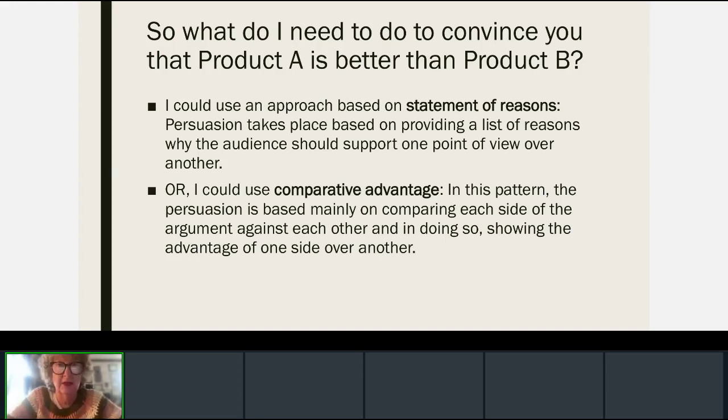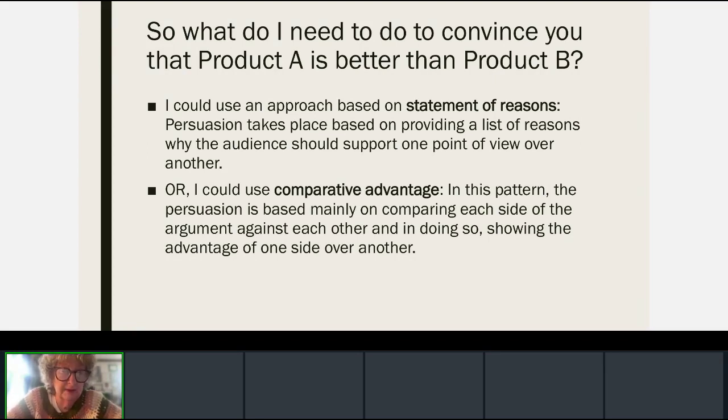No, you don't need that many. You need probably 5 or 6. But with a statement of reasons, you take each one by one and you develop it and you tell people why changing this is a good idea. And then you wind things up at the end by asking them to make that change.